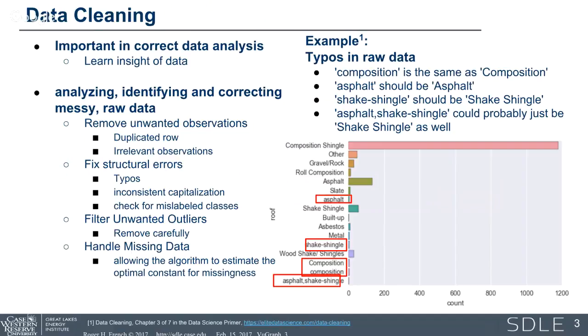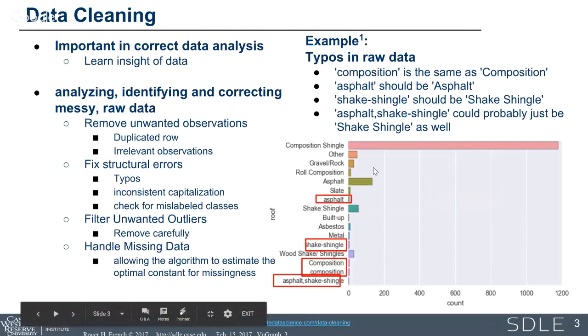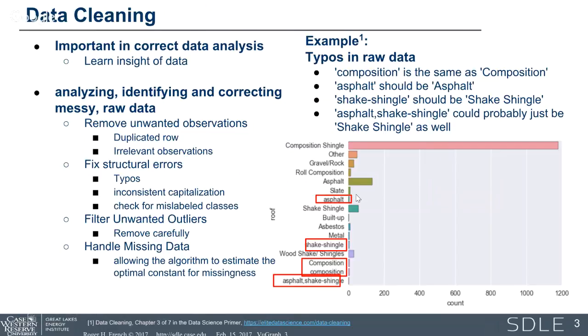And the next problem is structural errors, like typos, inconsistent capitalizations, and also you need to check for mislabeled classes. On the right, you can see an example that I found from this website about typos in the raw data. They actually count the different types of roofs, like the texture of the domestic roofs.